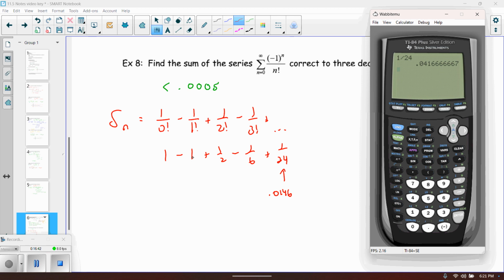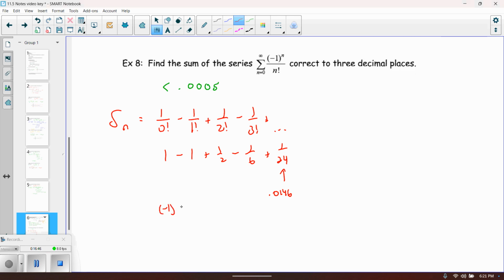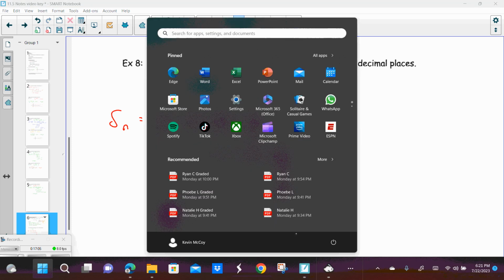Well, we're just guessing at this point. So negative 1 to the sixth divided by 6 factorial. Negative 1 to the 6 is positive. And 6 factorial, I know that 5 factorial is 120. 6 factorial then would be, I believe, 720.